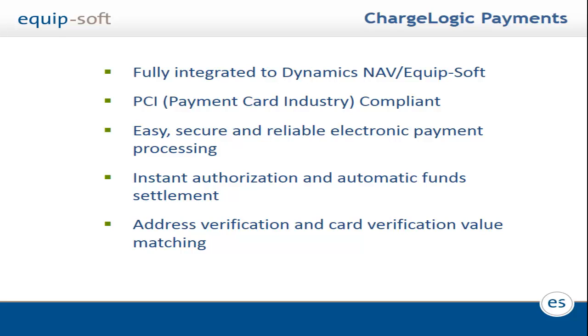You'll get a chance to see that shortly or understand that a little bit further. Address verification and credit card verification for value matching. So that's all inherent within the software, making sure, of course, that if you want to verify the address in the database versus the address that's associated with a credit card, that you can do that validation.